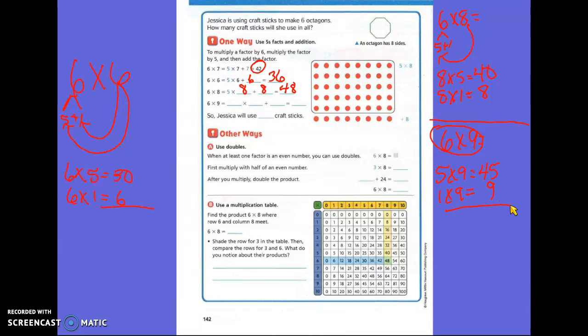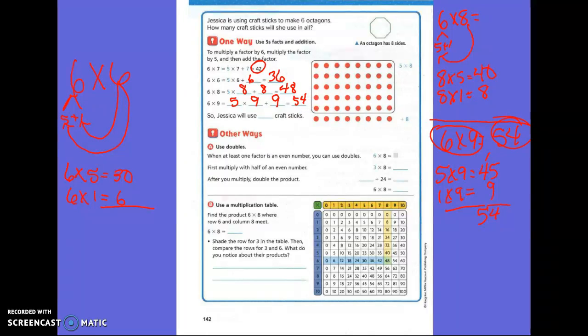So what's 45 plus 9? 5 and 9 is what? 14. And then 4 plus 1 is? 5. So 6 times 9 equals? 54. So 6 times 9 is 5 times 9 plus another 9, and that equaled 54.